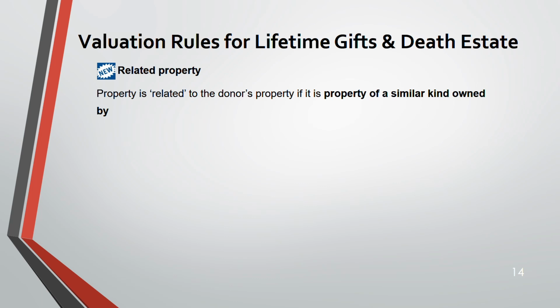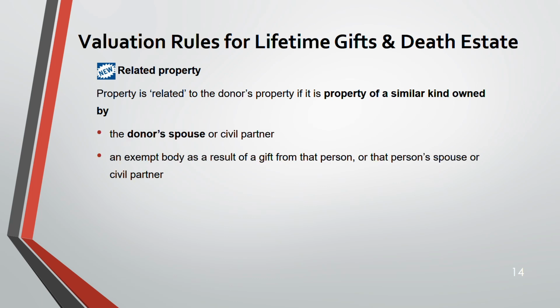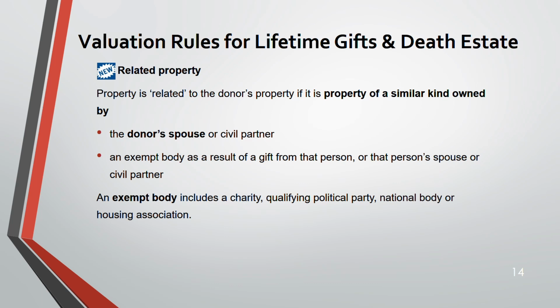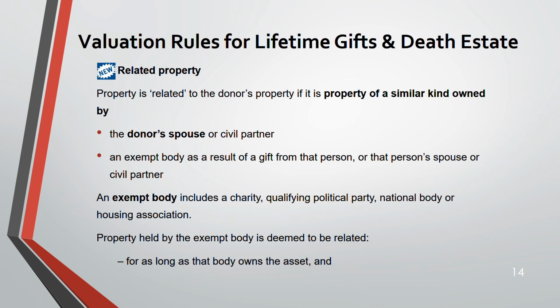Property is related to the donor's property if it is a property of a similar kind owned by the donor's spouse, or an exempt body as a result of a gift from that person or that person's spouse. What is an exempt body? Any charity, qualifying political party, national body, or housing association. If any of these four are mentioned in your exam, they are exempt bodies. So property held by the exempt body is deemed to be related for as long as the body owns the asset and for 5 years after they have disposed of it.